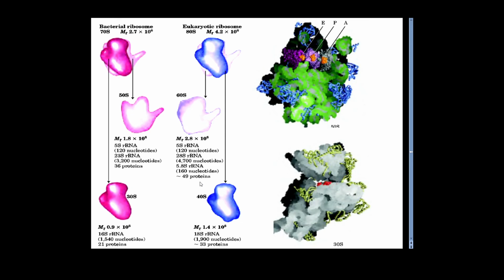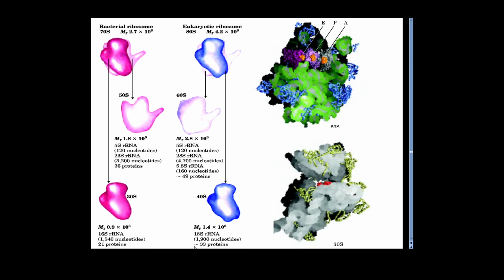You can see it. The big subunit consists of 23S ribosomal RNA, the small subunit of 16S ribosomal RNA, plus 5S ribosomal RNA in the big subunit, and some 36 constantly associated proteins in the big subunit, and 21 constantly associated proteins with the small subunit. In eukaryotic ribosomes, the number of proteins is more and the number of ribosomal RNAs also.